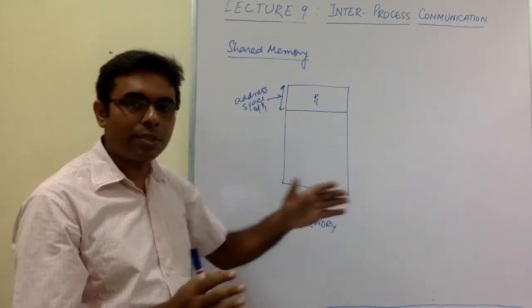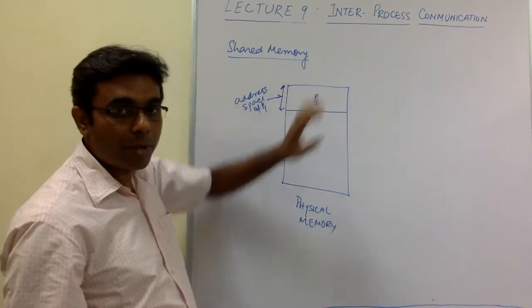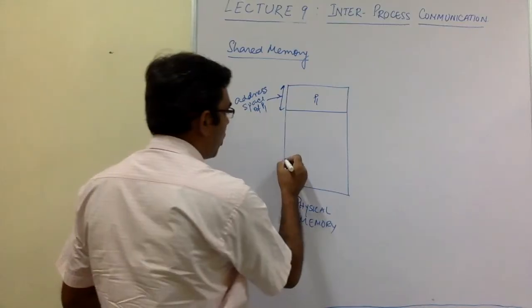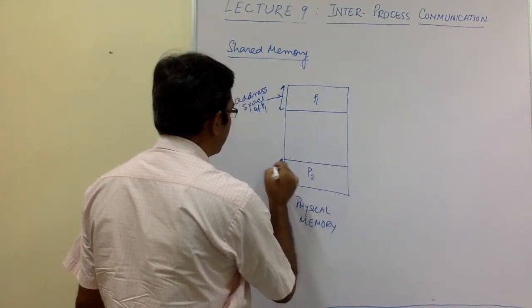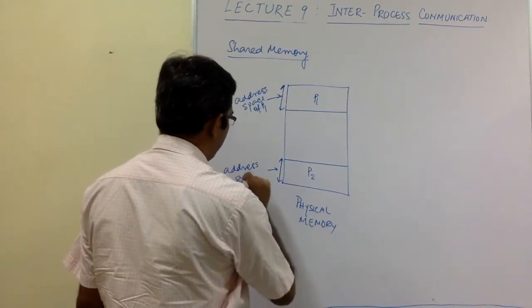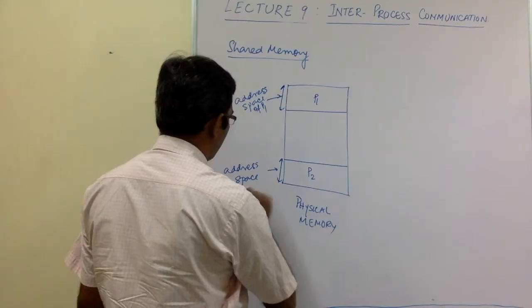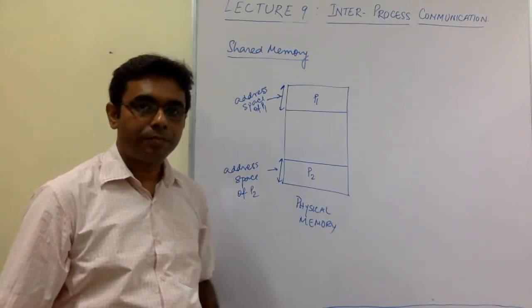Whatever it is, let's assume for the time being that P1 occupies certain space in the primary memory, and similarly there is one more process P2 which also occupies a certain address space in the memory. Now these two address spaces are independent.